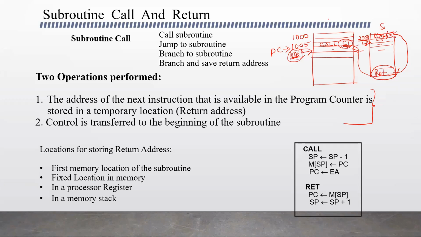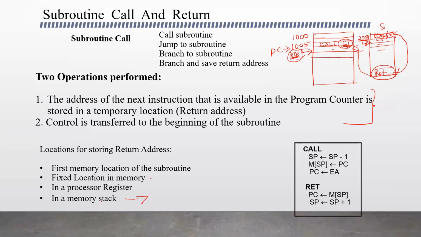Let's say the 0th location in memory is always used to store the return address. It may also be stored in a processor register, and the other way is to store it in a memory stack. The return address can be stored in one of these places, but the most efficient way is storing it in a memory stack.